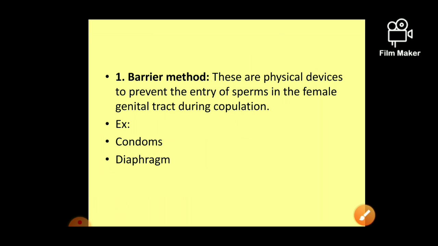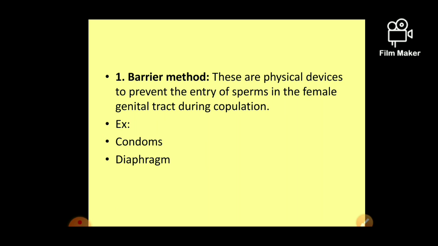The first is the barrier method. These are physical devices to prevent the entry of the sperm into the female genital tract during copulation, and they also protect against sexually transmitted diseases.